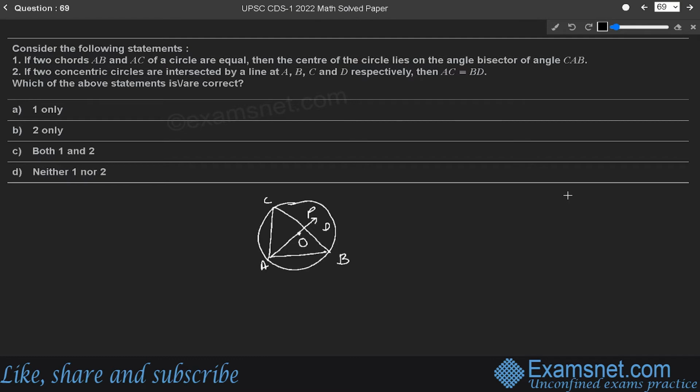We know that AB and AC are two equal chords of this circle. Now in triangle APB and triangle APC, AB is equal to AC. It is given in the question.